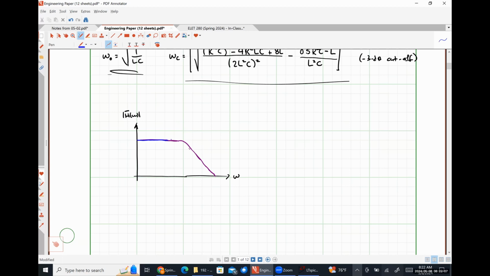So it'll be the same flat thing, but then it might rise up like so. And the steepness of how quickly it rises up there is what's called the quality factor. Again, this is something that we'll talk about in much greater detail in circuits 3 before it falls off at a much steeper rate of change because it's a second order filter as opposed to a first order filter.